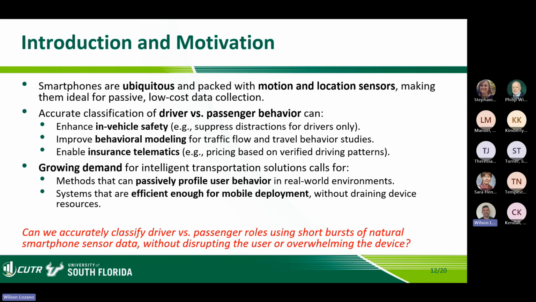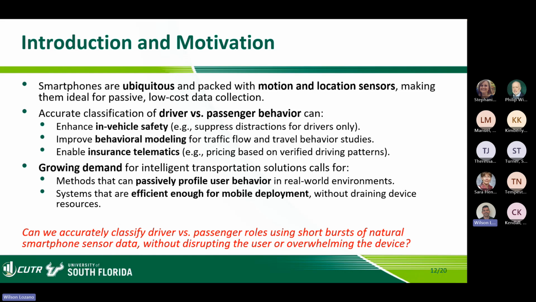First, introduction and motivation. We know that smartphones are everywhere, and of course are packed with a lot of sensors, including motion sensors, location sensors, etc. And this makes smartphones ideal for passive, low-cost data collection.